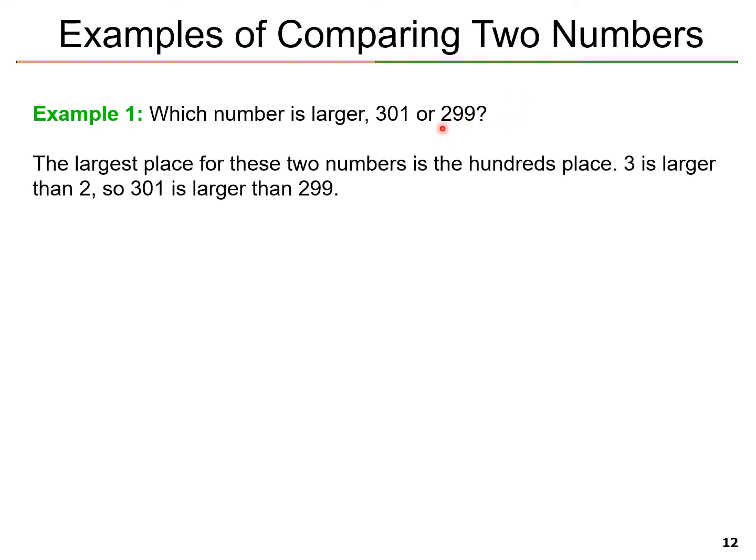The largest place in this number is the hundredths place. There's a 3 here. The largest place in this number is the hundredths place, which is a 2. Because 3 is larger than 2, 301 is larger than 299.